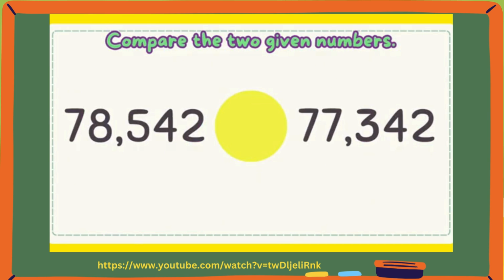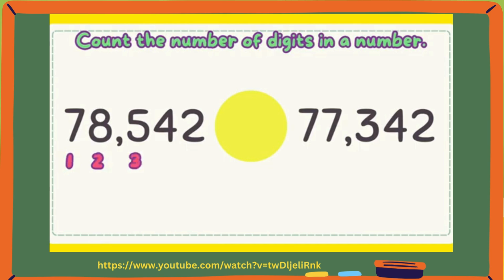Compare the two given numbers. Let's count the number of digits in a number. So the first number has 1, 2, 3, 4, 5, 5 digits. And the other number has 1, 2, 3, 4, 5. They have the same number of digits.